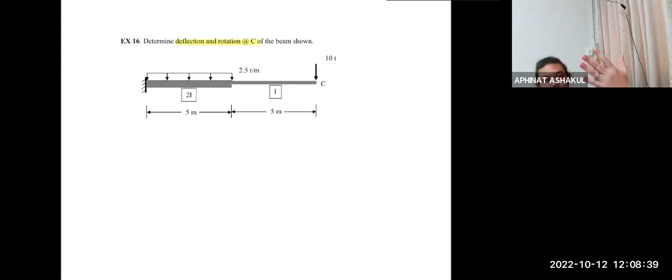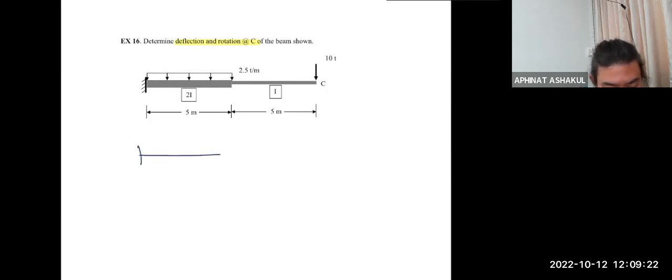So go back to the concept. If we are going to use virtual work, we need to apply the virtual load at the location and in the direction that we want to know the displacement. If we want to know deflection at C, we need to apply the unit load at C. If we want to know rotation at C, we need to apply a unit moment at C. Right? So I can just write this down.